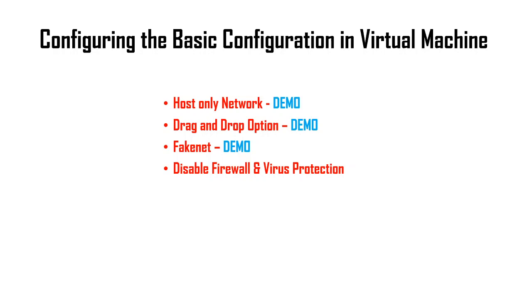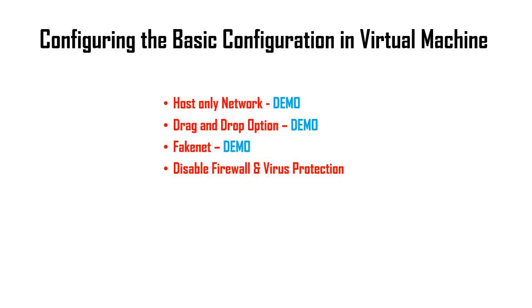Because if I am executing a malware in my virtual machine, it may enter into my host OS, right? We have seen the difference between the host OS and guest OS, right? If I am installing my OS in the virtual machine, then that is called the guest OS. If I have my OS in my original laptop or desktop, then that OS is called the host OS.